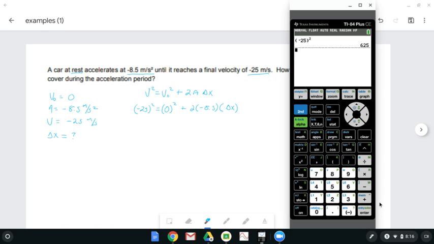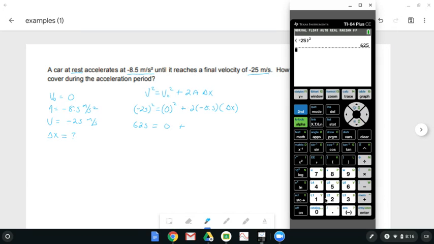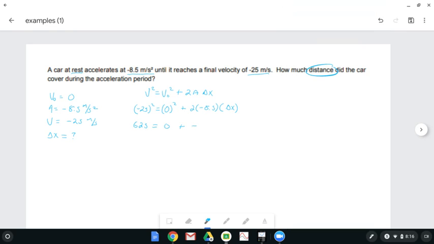All right, so I'm going to have my 625 is equal to 0 squared is 0 plus 2 times negative 8.5 gets me negative 17 delta x. So after I clean this up a little bit, I get 625 is equal to negative 17 delta x.